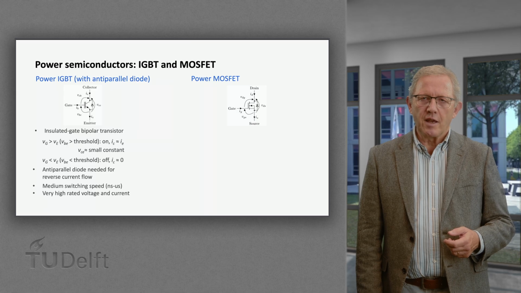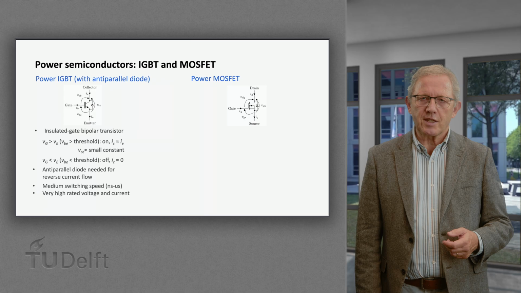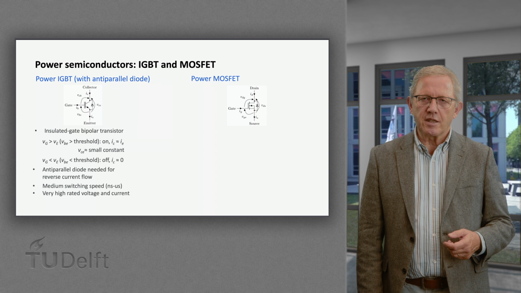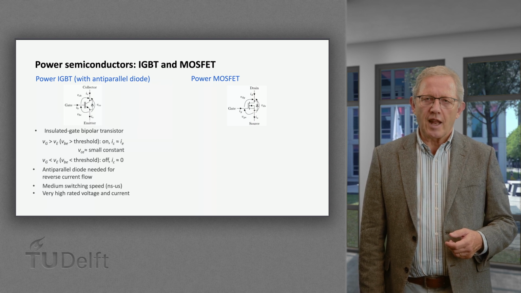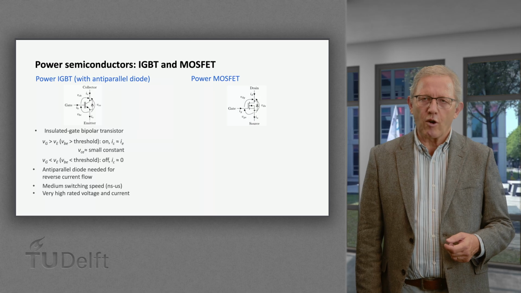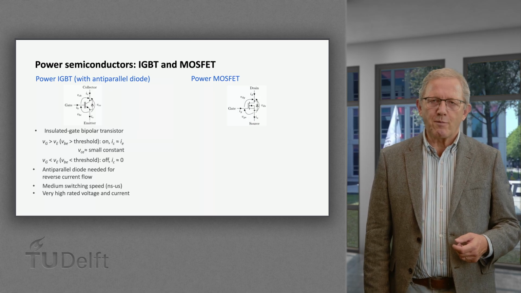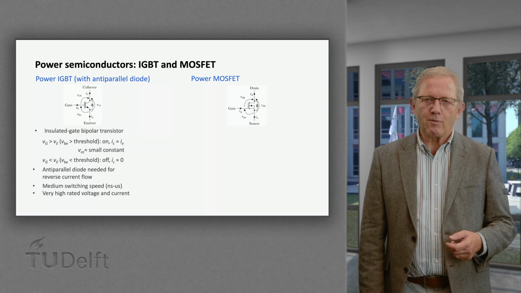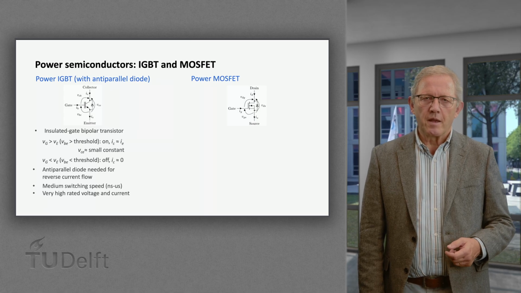Otherwise, if VGE is below the threshold, it turns off and behaves like an almost infinitely high impedance. IGBT does not allow reverse current, so in motor drives, an antiparallel diode is always needed to allow the reverse current to flow. IGBT can provide very high rated voltage and current, but has moderate switching speed.